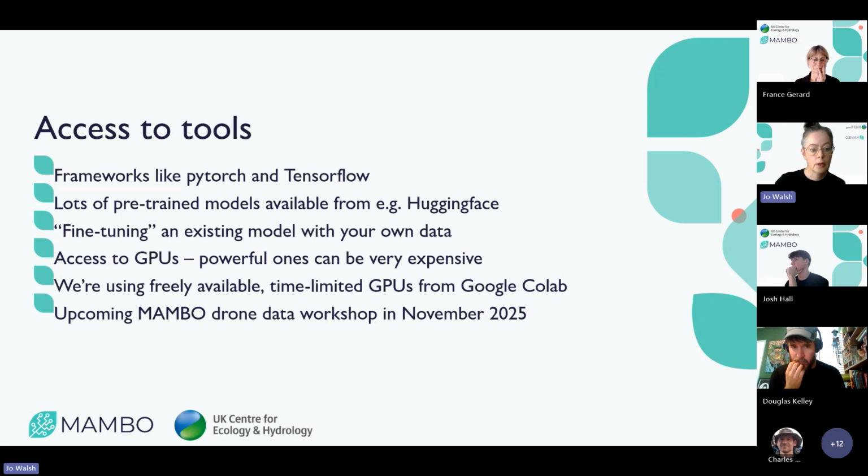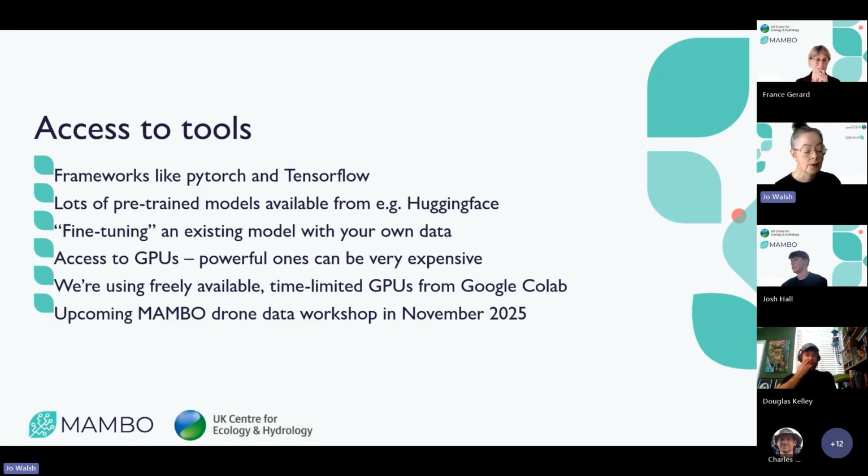There are also model hubs and repositories where you can find pre-trained models to experiment with. Hugging Face is a big public one. Icarus.eu has got a collection of reusable models, and you can use that as a basis for fine-tuning with your own data.